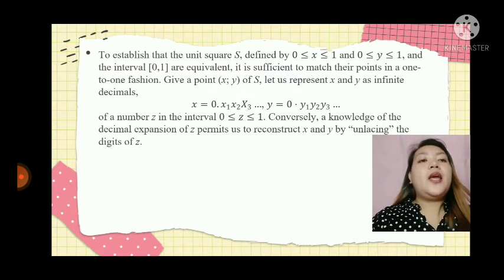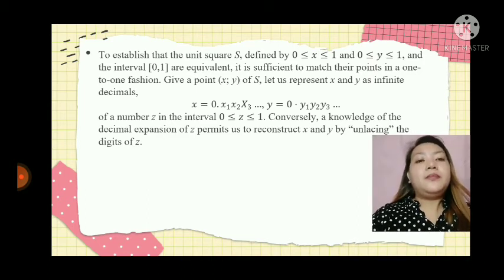Given a point (x, y) of S, let us represent x and y as infinite decimals. We have x equals 0 point x sub 1, x sub 2, x sub 3, and so on, and y equals 0 point y sub 1, y sub 2, y sub 3, and so on.